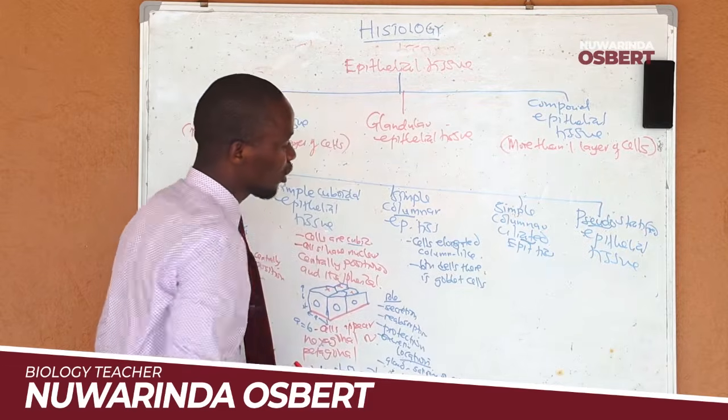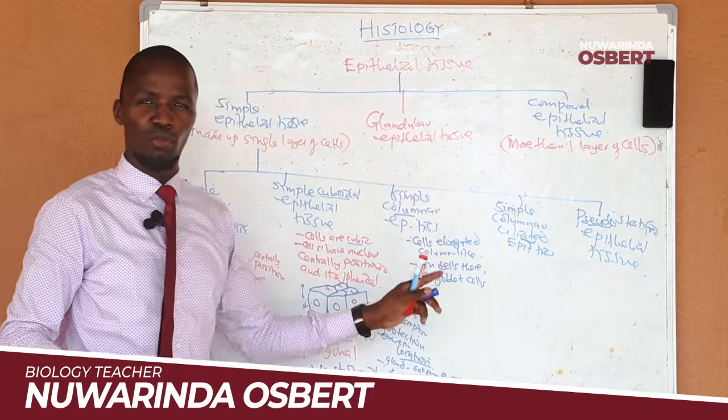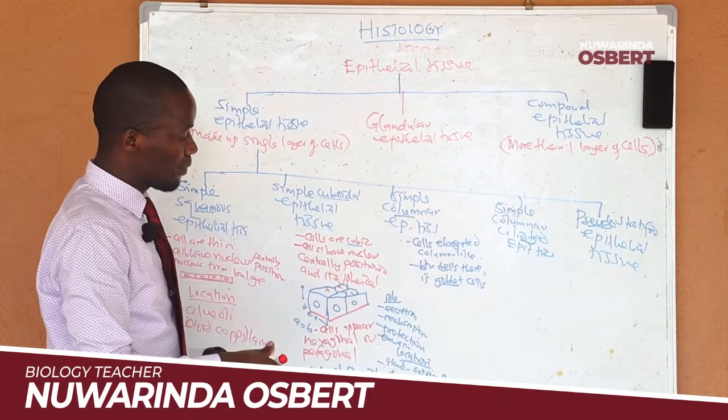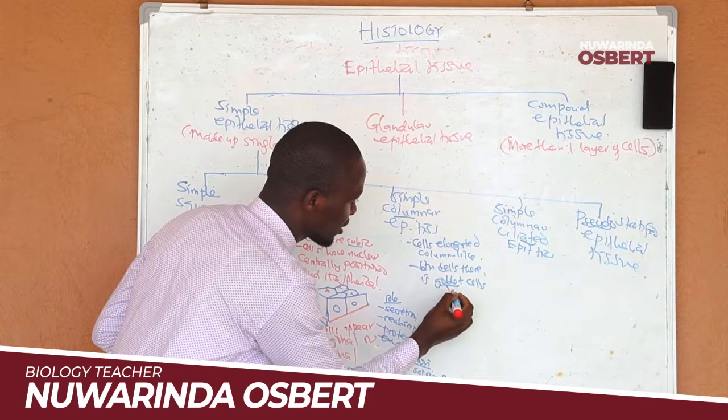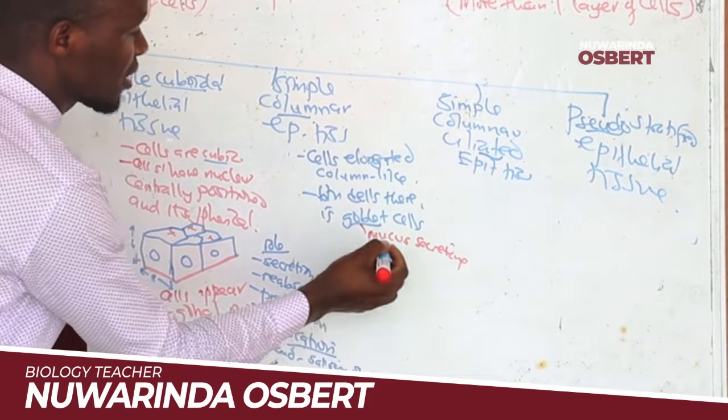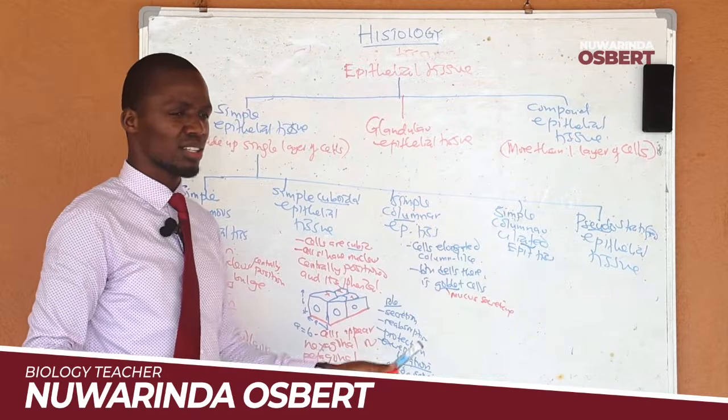Some of you call it globulate. The word is goblet cells. Now, something important about these goblet cells is that they are mucus secreting. So within this tissue, we have mucus-secreting cells.